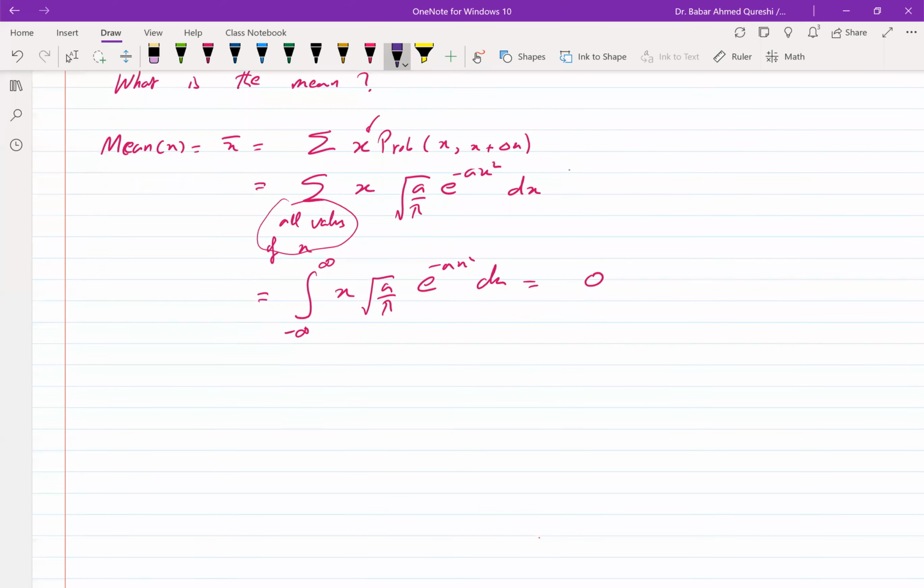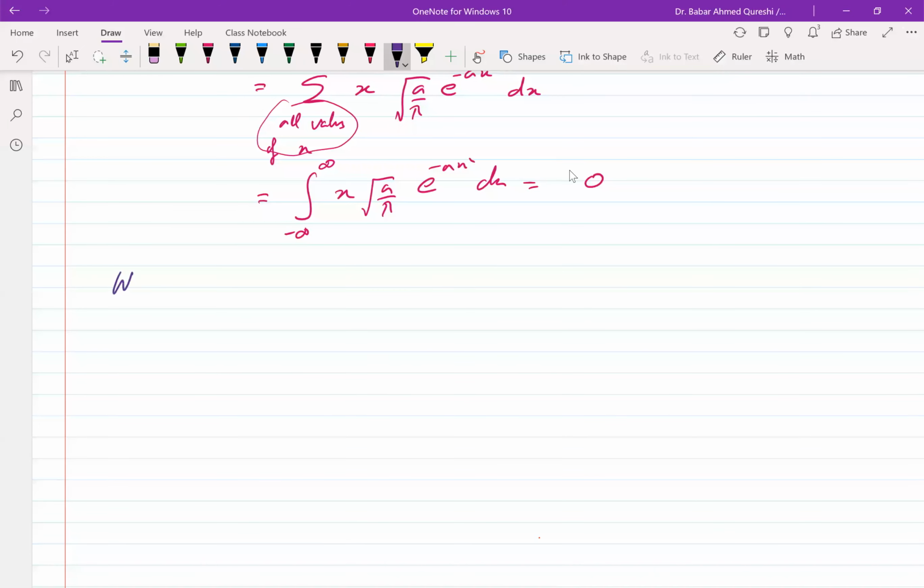What would be the standard deviation? So first, let's find the variance. What would be the variance? The formula is that you take your values, subtract from it the mean, so you're counting how far from the mean you are, square it, and multiply it with the probability.